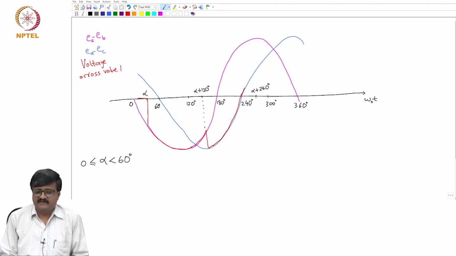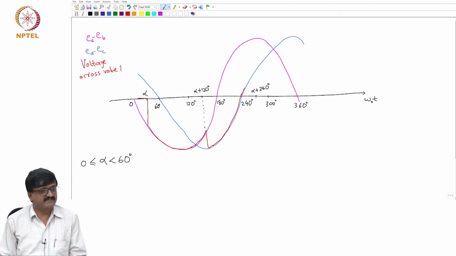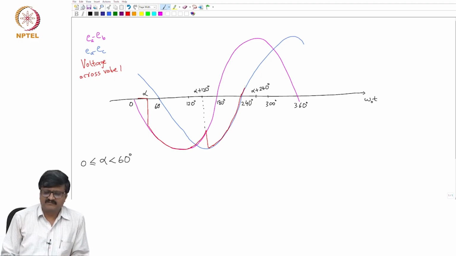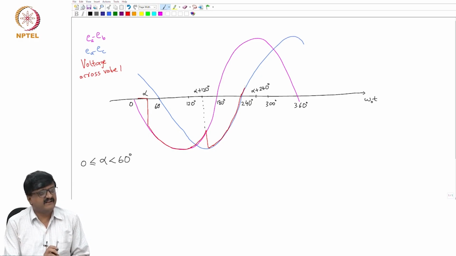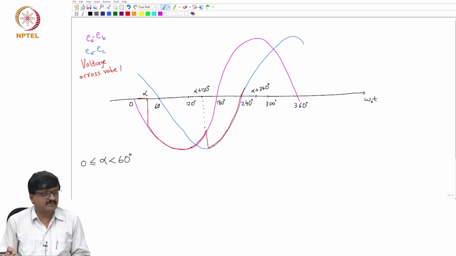Turning off of valve 1 is by itself because the current goes to 0. As soon as valve 3 is turned on, valve 1 goes off. We are interested in the voltage across valve 1. As long as it is conducting, the voltage across valve 1 is 0.